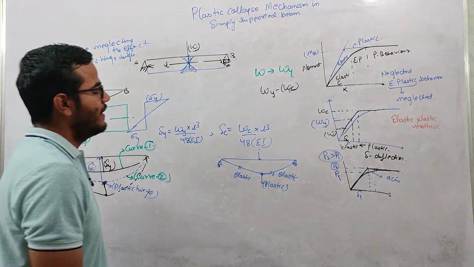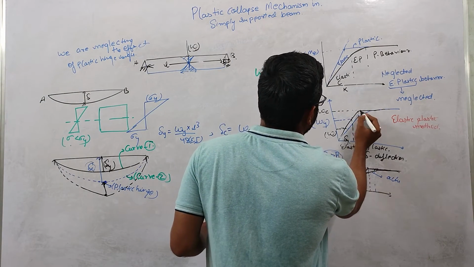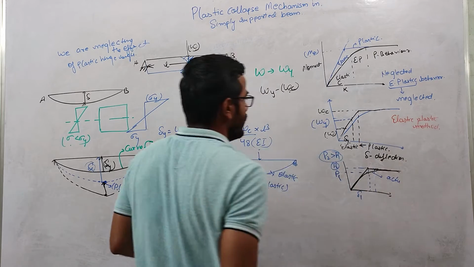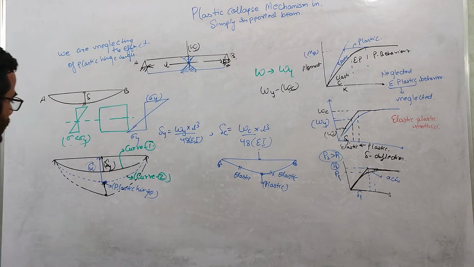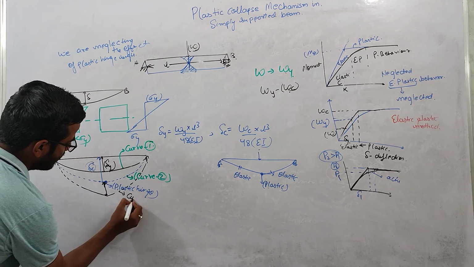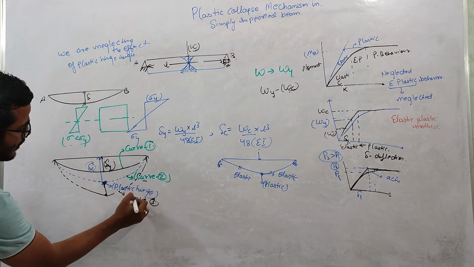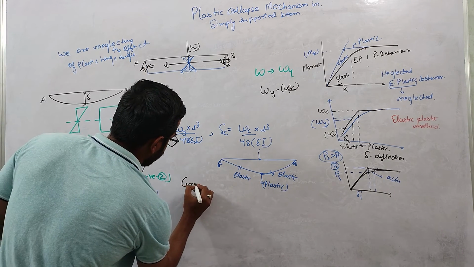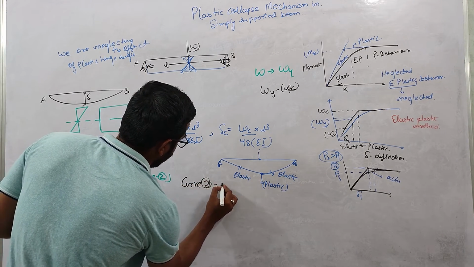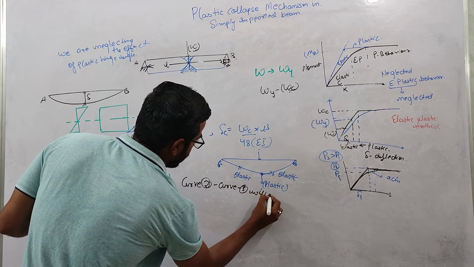After that, when we increase this load to WC, there will be constant deflection. Okay. Why this deflection we will see now, right? And this is, let us suppose, curve 3, right? So curve 2 and curve 3 will be the same.